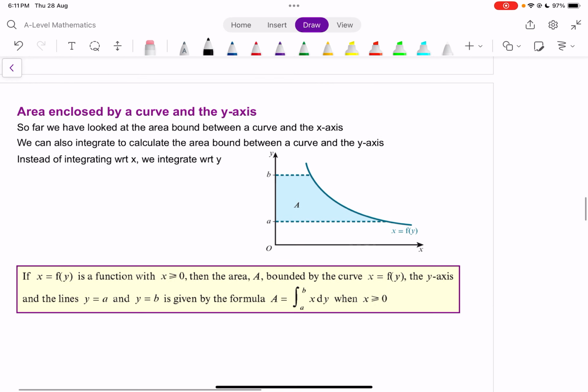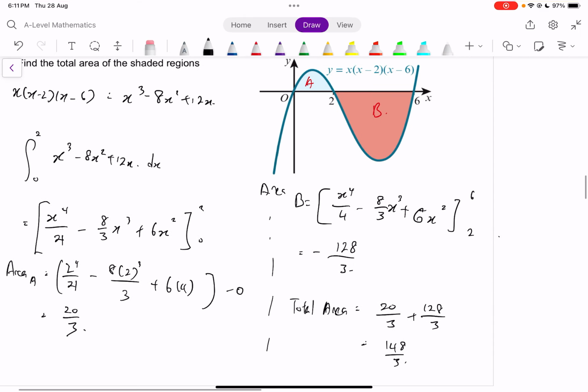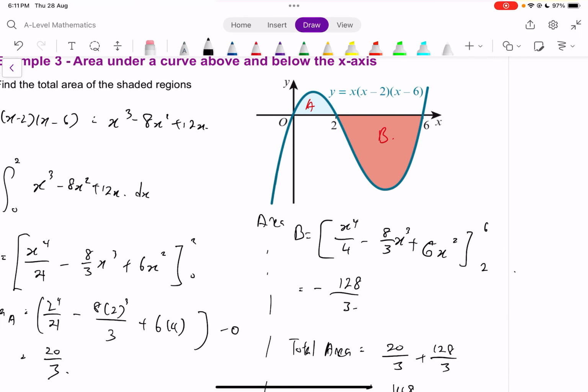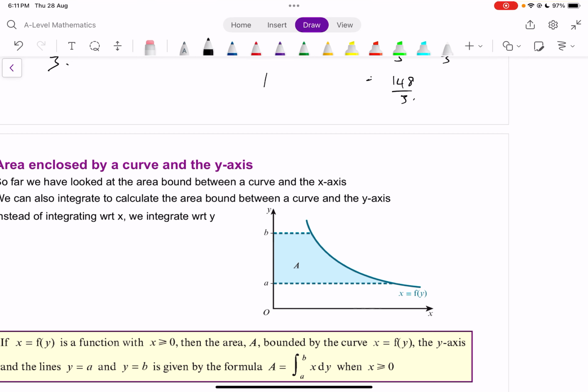Fun. Okay, now 有一些 cases 呢，它会给你一些很特别的 graph。Okay, so 我们之前看到的 graph 它全部都是 bounded at the x-axis. But in this case, it's bounded at the y-axis.